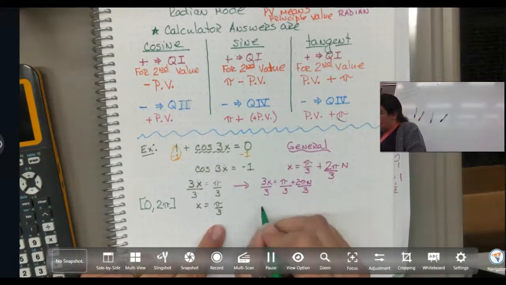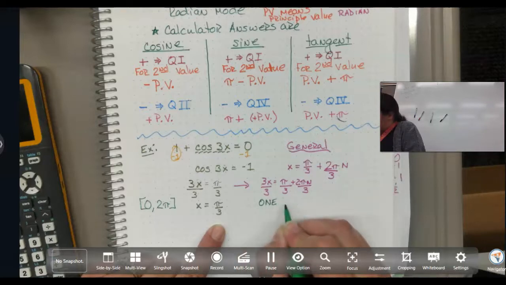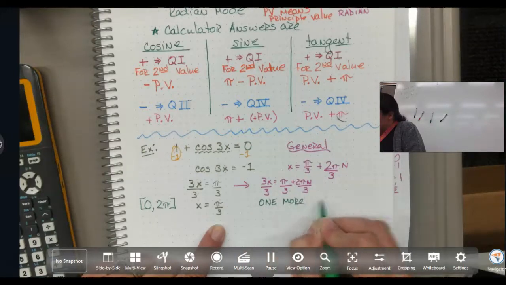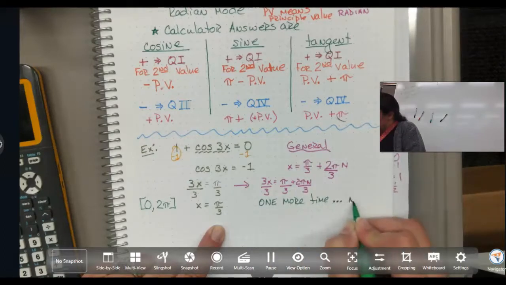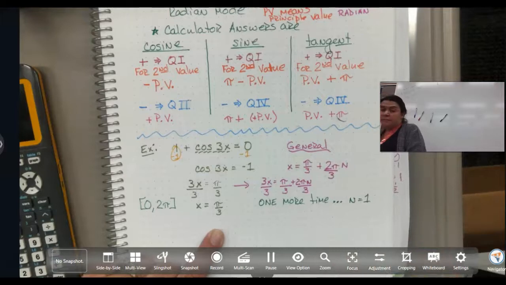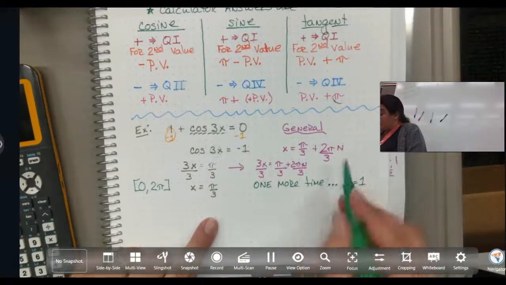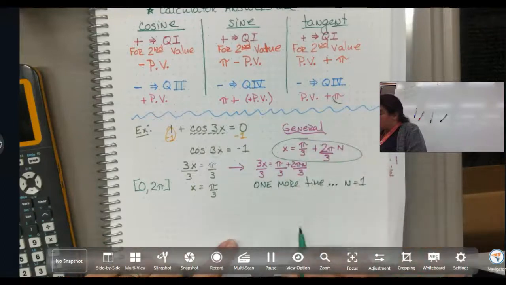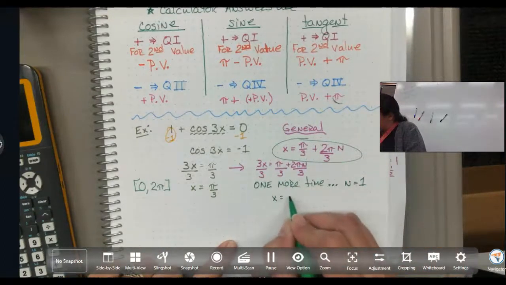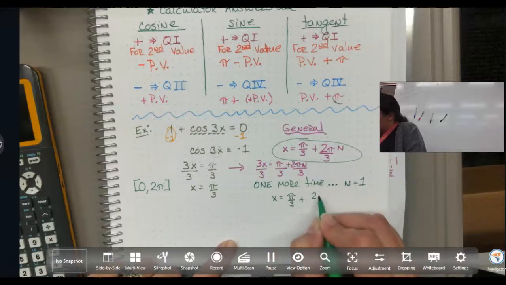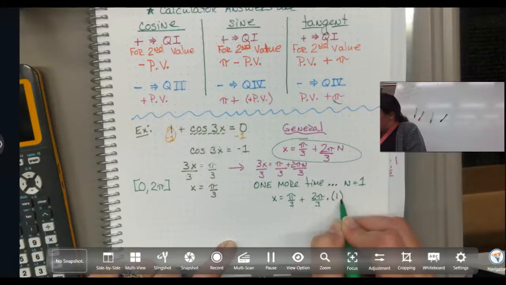If I was here and I said I want to go around one more time, that would mean that I would make n equal 1. If I make n equal 1, then I know from my general solution right here that x is equal to pi over 3 plus 2 pi over 3 times 1.